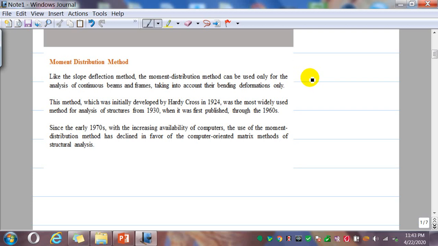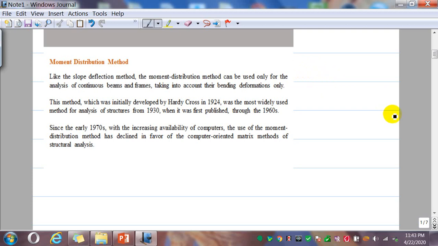Although computer packages are widely used to analyze structures, you should remember that for small buildings and structures, people still use the moment distribution method, because it gives reasonably accurate results, and also gives you a feel of how these problems are solved.